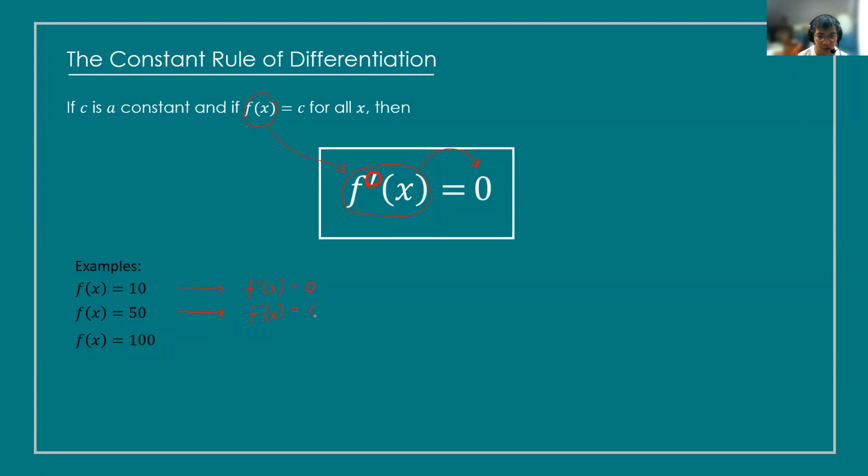So again, equal to zero. Even if it's 1 million, if you get the derivative of the constant, it's equal to zero. All constants will give us a zero derivative. So that's one basic theorem or rule.